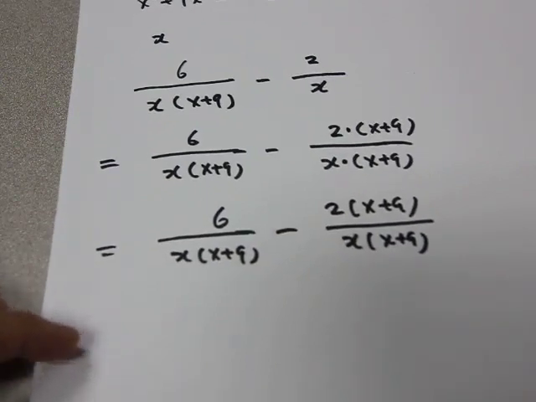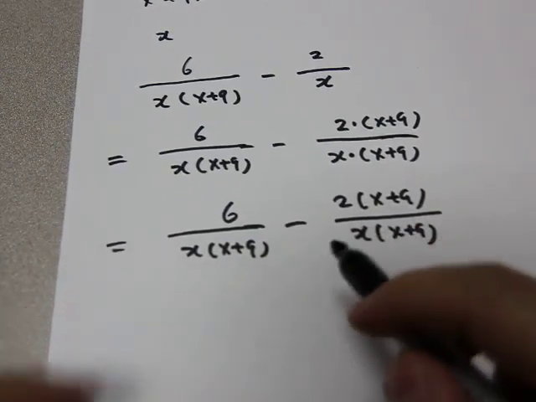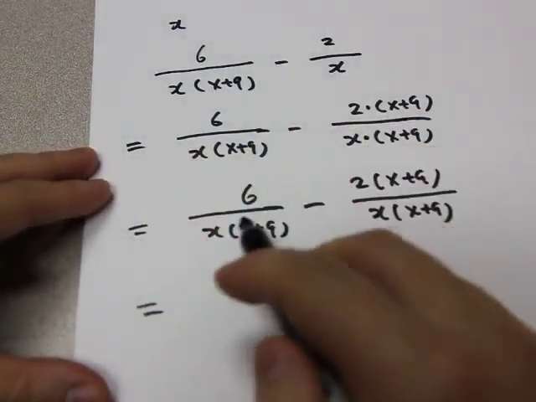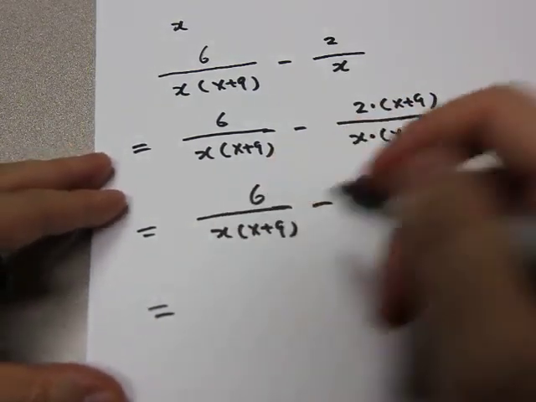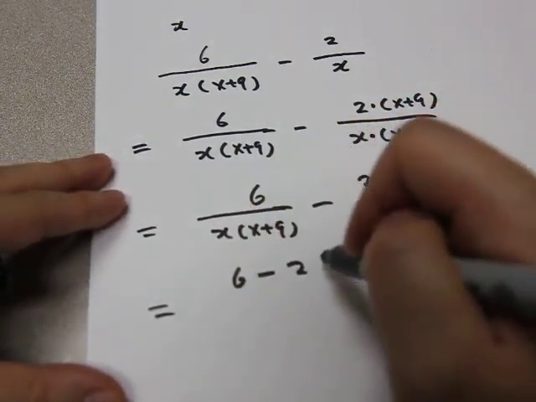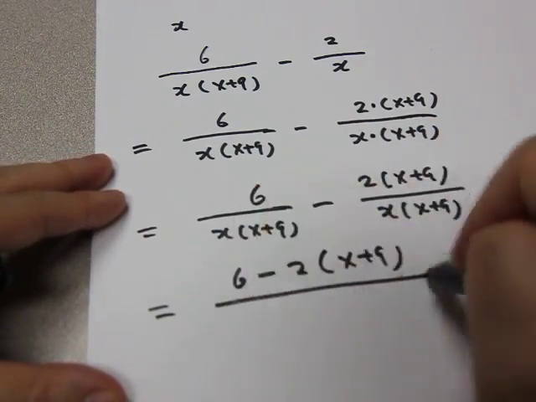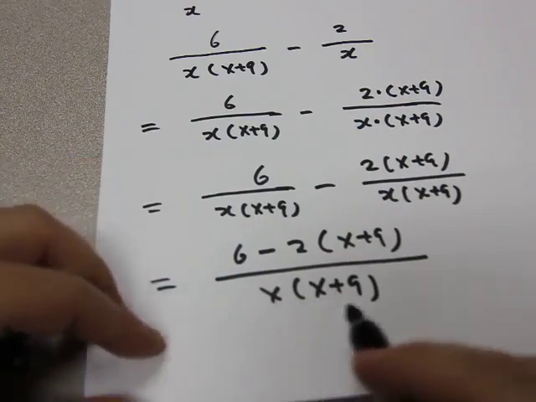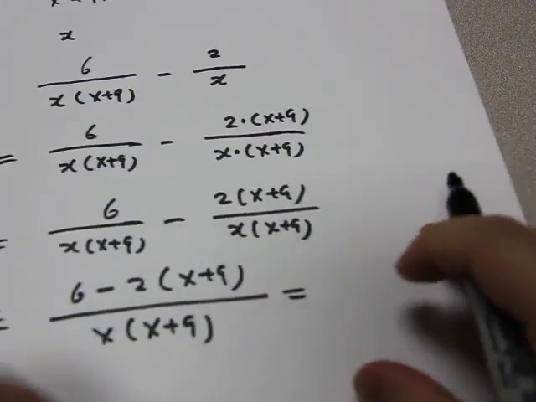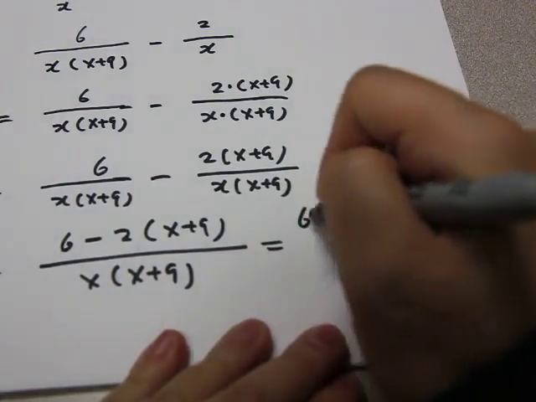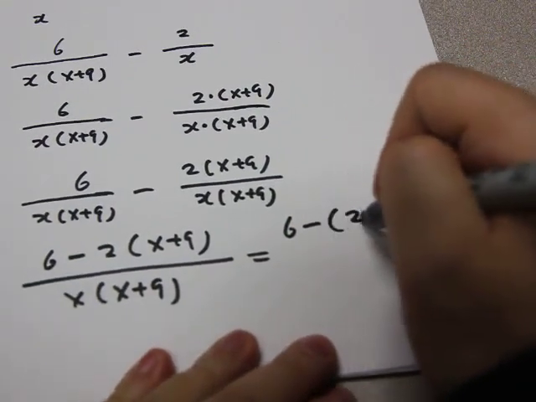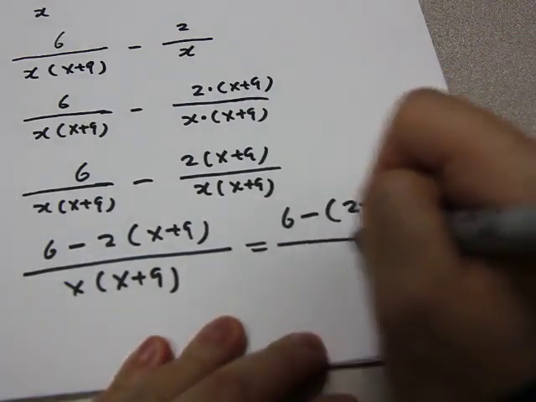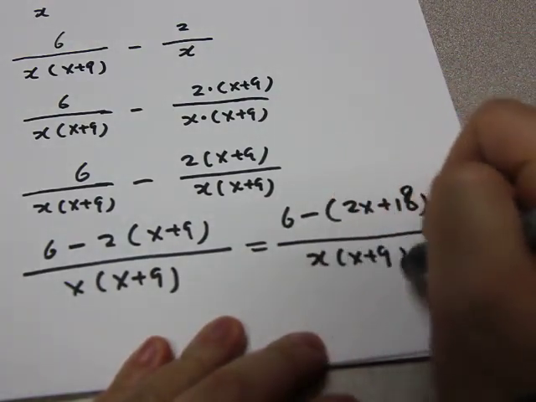Okay, now since both expressions have the same denominator, when I subtract these two expressions, I can just subtract the numerators and put it over this common denominator x times x plus 9. So this gives me 6 minus 2 times x plus 9, over x times x plus 9.